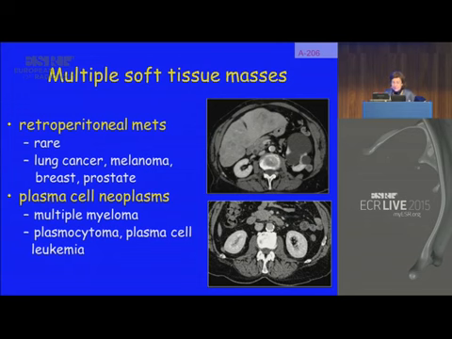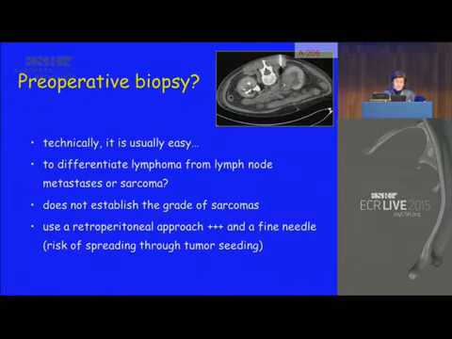Multiple soft tissue masses, as in this example, you can see here 2 lesions, may suggest retroperitoneal metastases or hematologic diseases. A preoperative biopsy is usually technically easy. The masses are huge.